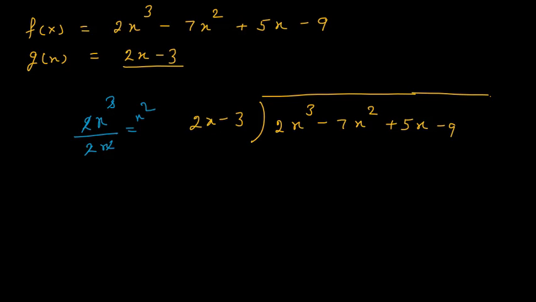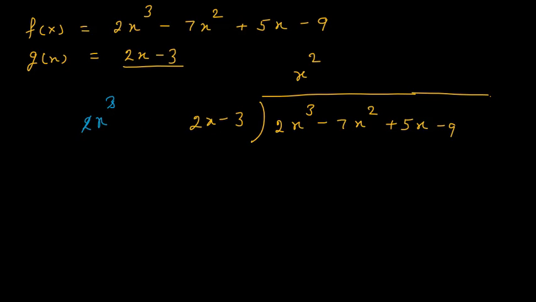So in the quotient part you will write x square. Now what I am doing is trying to get a number or a variable in the quotient in such a way that when I multiply, this term will become 0. So slowly I will get rid of the different powers. Okay, so you understood why I divided this 2x cube by this 2x.